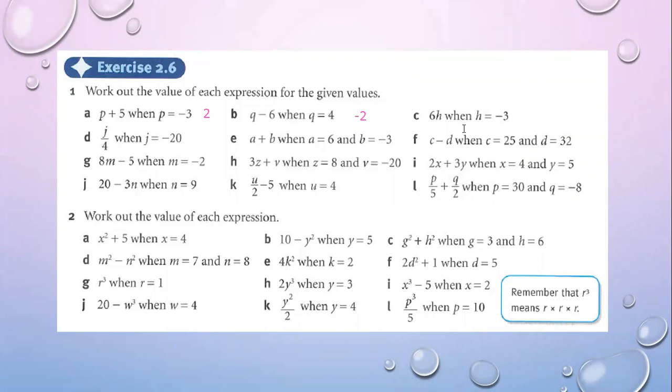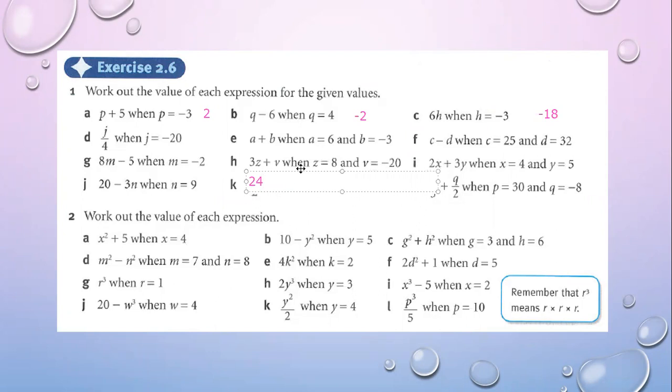Now this one, 6h means 6 is multiplied with h, and h is minus 3, so 3 multiplied by 6 is 18. First I write 18, but it's a minus, because 3 has a minus sign. So like this you are solving. Which one is difficult? I think the h part may be a little bit hard. Now 3z plus v, z is 8, so 3 multiplied by 8 is 24.